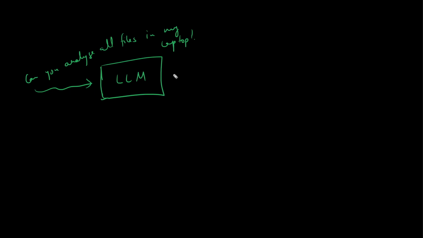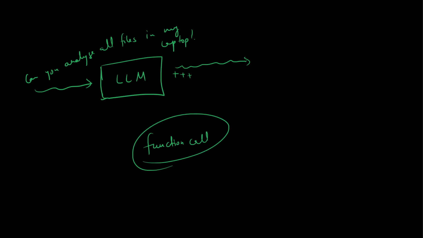So in order to increase the capability of the LLM, that's exactly where the entire discussion of function calling came across. OpenAI came up with something called function call. The idea was to increase the capability of the LLM. Now you can just write a simple function, for example, access file.